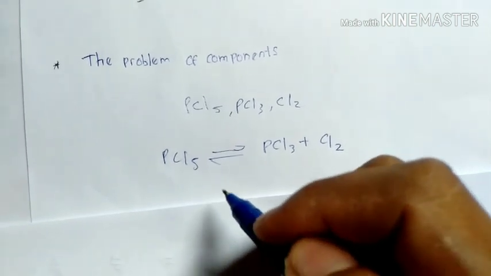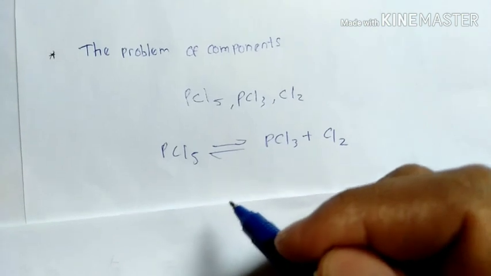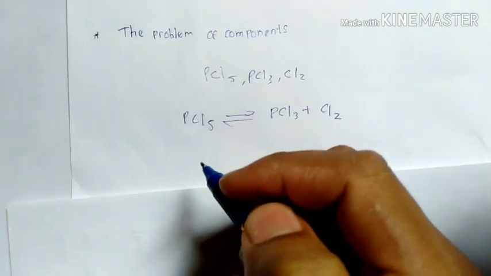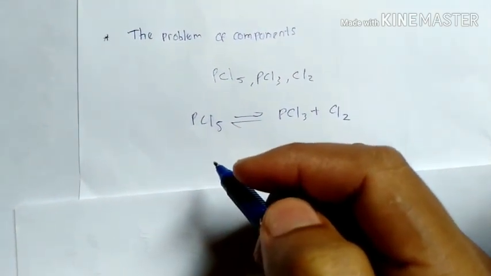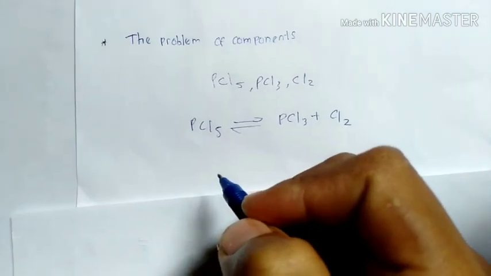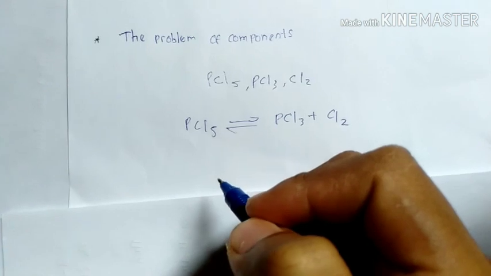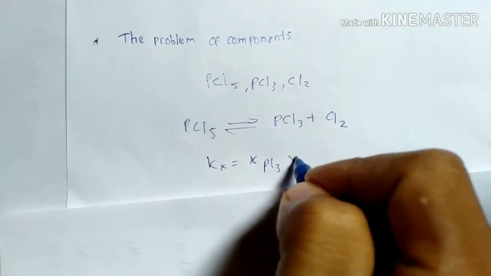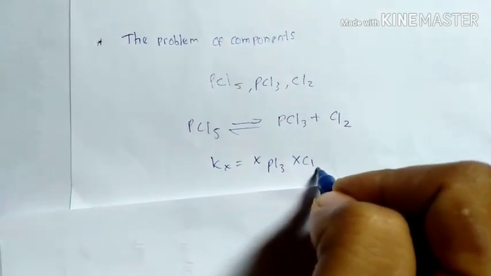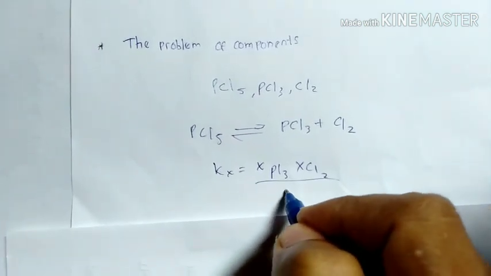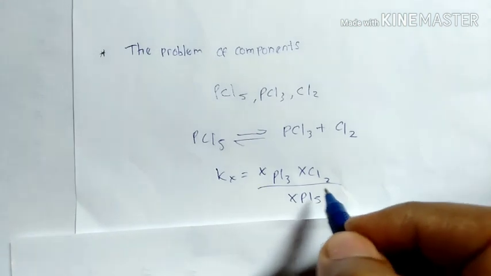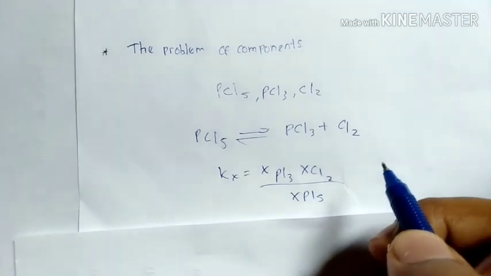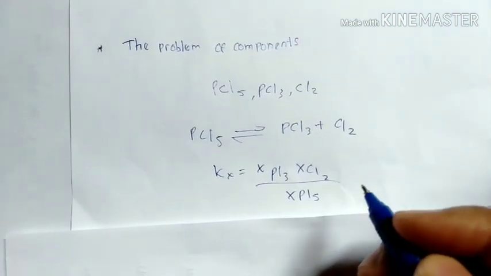One can alter the number of moles of any two of these chemical individuals arbitrarily. The alteration in the number of moles of the third species is fixed by the equilibrium condition K equals X_PCl3 X_Cl2 divided by X_PCl5. Consequently, only two of these species are chemically independent. The third is not. There are only two components.